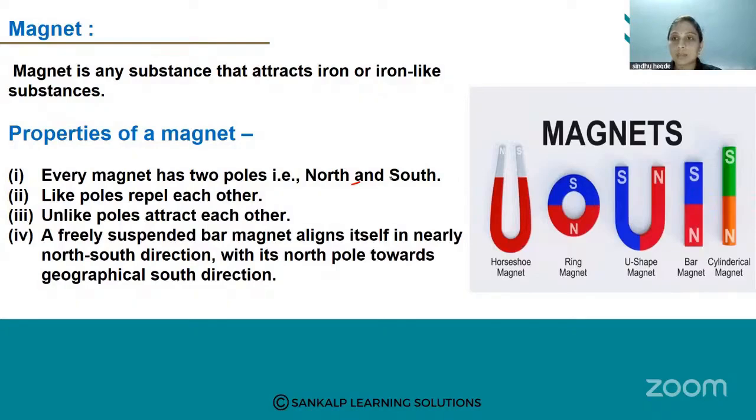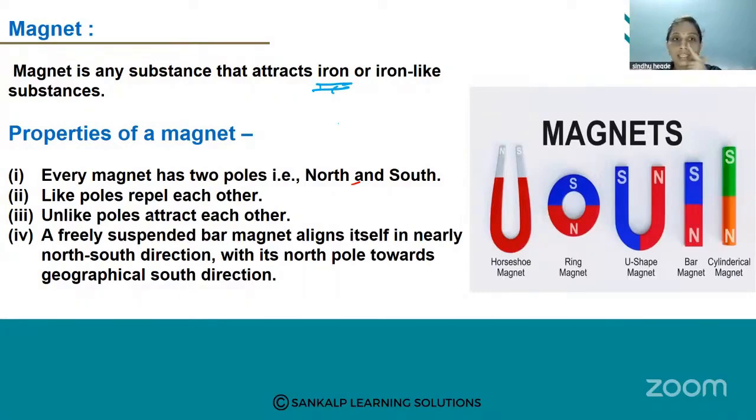For example, we have one magnet. When you take that magnet near iron, what do you feel? Some attraction between that magnet and the iron, right? So that is called a magnet.